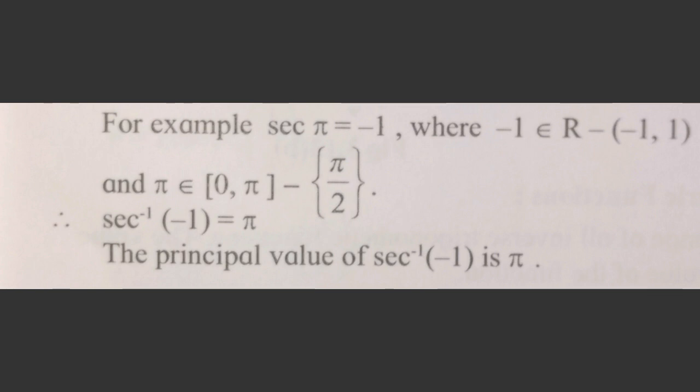As -1 belongs to the domain of inverse sec x and pi belongs to the range of inverse sec x, therefore we can write sec inverse of -1 equal to pi. Therefore, the principal value of sec inverse of -1 is pi.